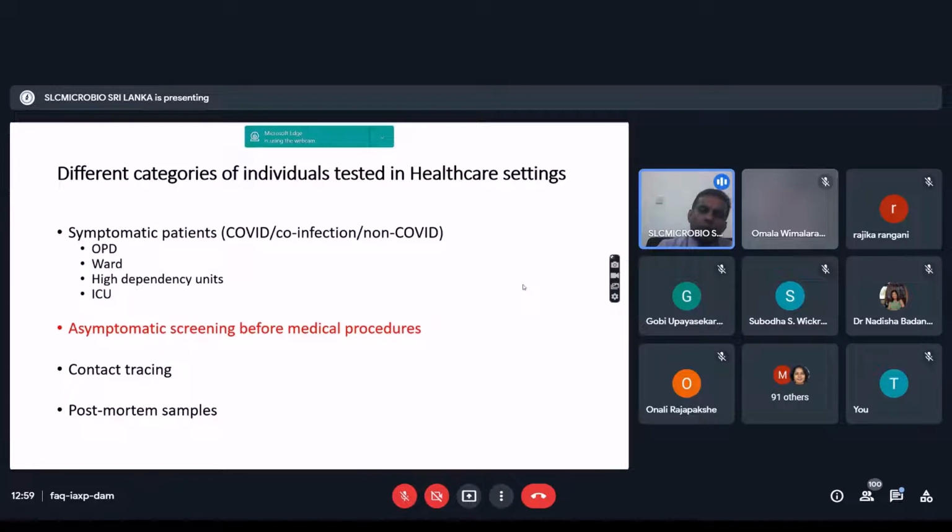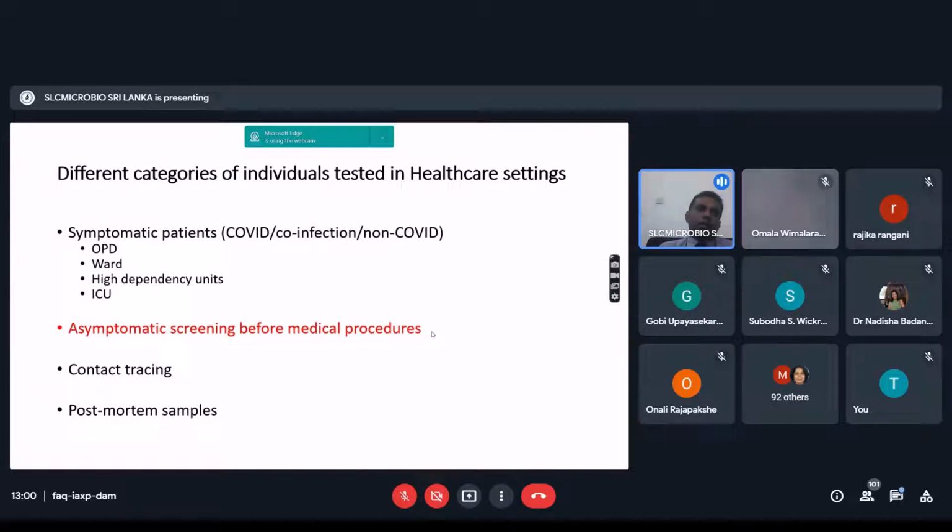And in healthcare settings, we mainly test symptomatic cases. So as I said earlier, suspected cases might need a second PCR test if it is highly suspicious. And then the most controversial area is how to screen asymptomatic people who come to the hospital for some other management, and we want to screen them for SARS CoV-2 before procedures.